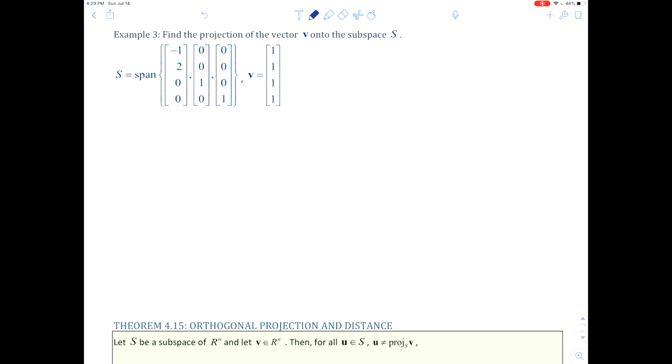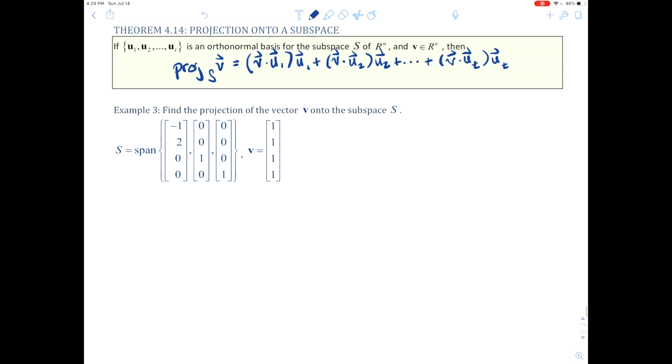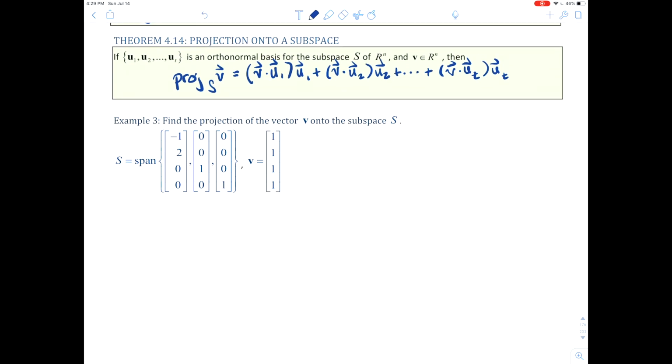So if we go with our theorem, notice that the Ui are there in this theorem. They represent an orthonormal basis. But if you eyeball the vectors here, they're not all unit vectors, right?